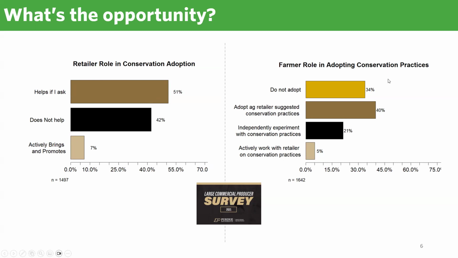But the interesting part is that about 40% of the farmers would adopt a conservation practice that was suggested by the retailer co-op. Think about a bunch of the CCAs or farm advisors who are hired under co-ops. We know they wanted to learn more about conservation. They're interested in that topic, but they're still not providing their farmers with the information, even though it looks like the farmers are pretty open to that idea.